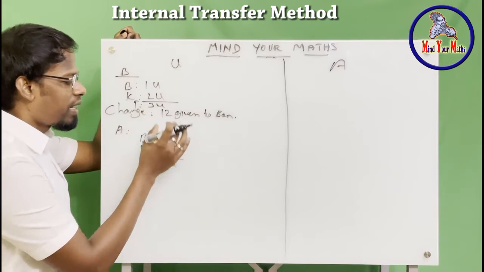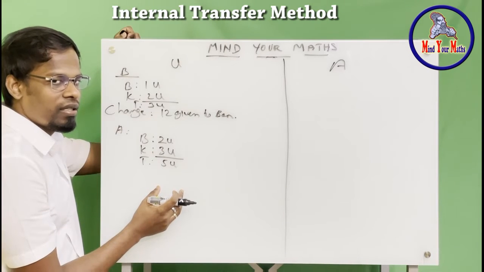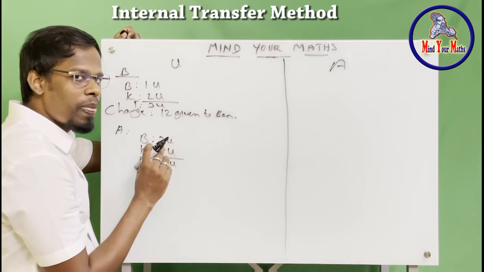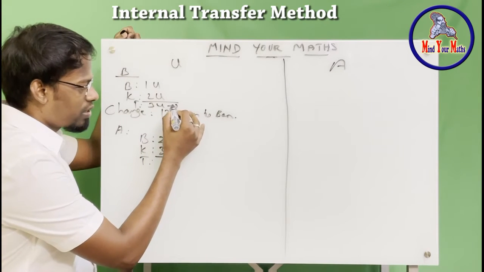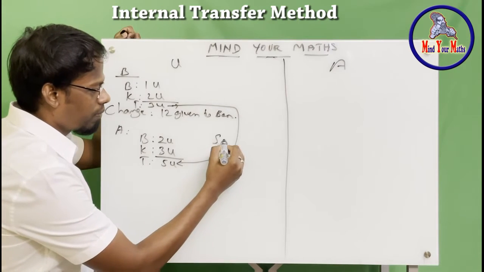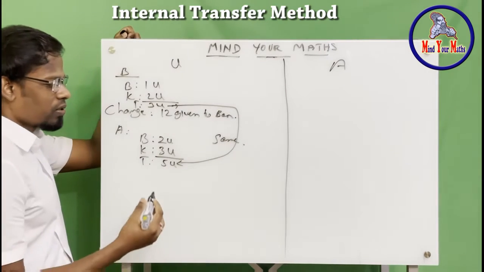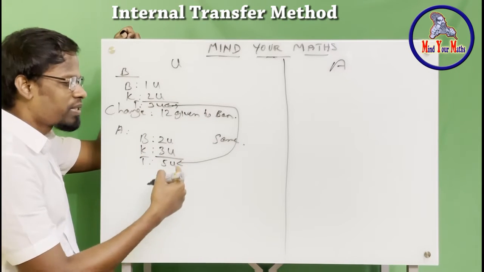Otherwise we cannot directly compare them or directly add them together. For that, what do we need to do? These two are the same, so we need to make them look the same size, to become the same units.